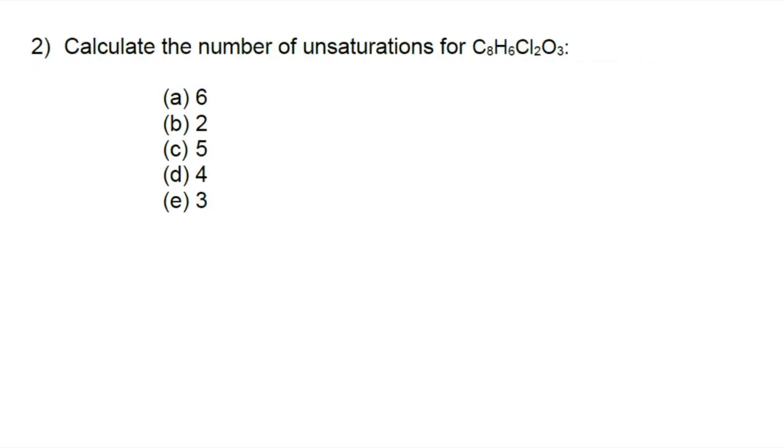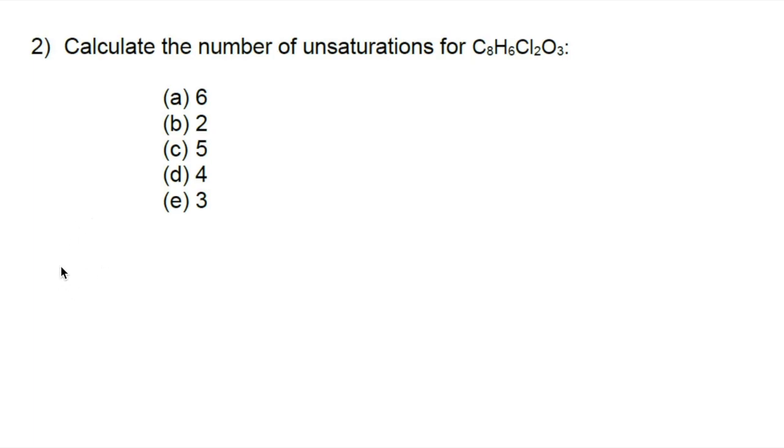For the second question, calculate the number of unsaturations for this molecule. Remember that we use a formula for it. There are two ways of talking about unsaturation. Remember that unsaturations are double bonds or rings, and that triple bonds count twice.